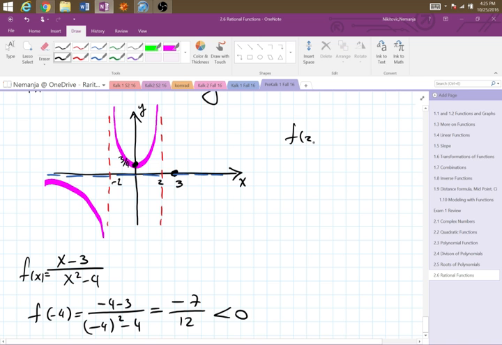What's f at 2.5? It's 2.5 minus 3 divided by 2.5 squared minus 4. It's negative. Very good. So, it must look like this. Done deal. We found that for this x, you have this y.